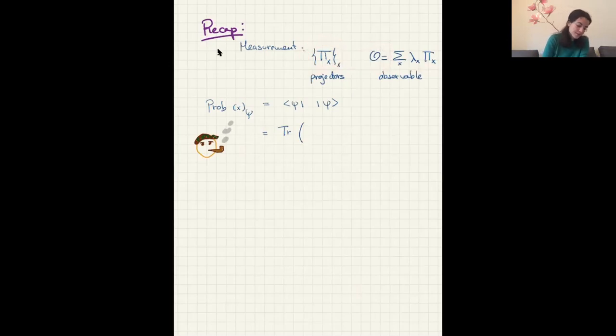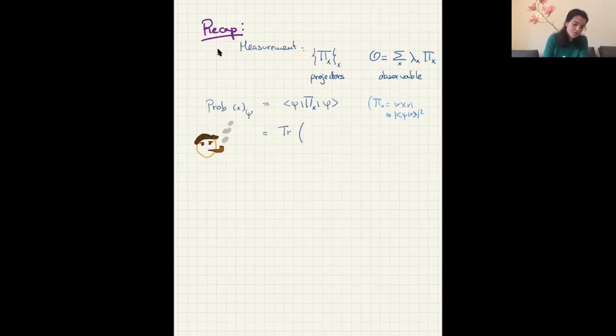Then we saw that the probability of getting a given outcome X when we measure the state psi is given by this, which in the simple case where the projector is onto one state psi_X gives us the overlap of psi_X with psi, squared, because we just replace here.